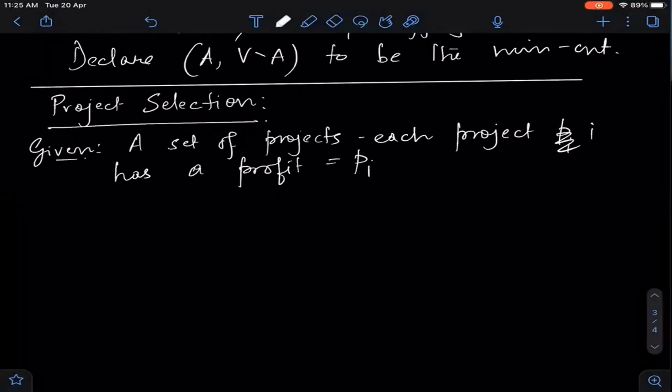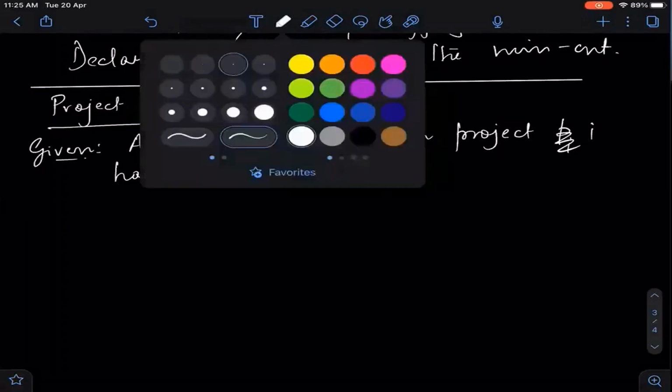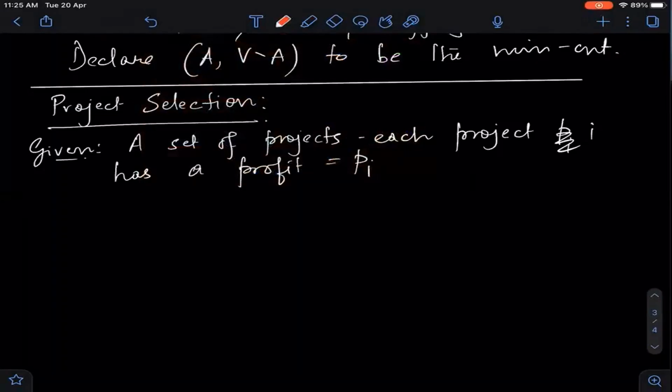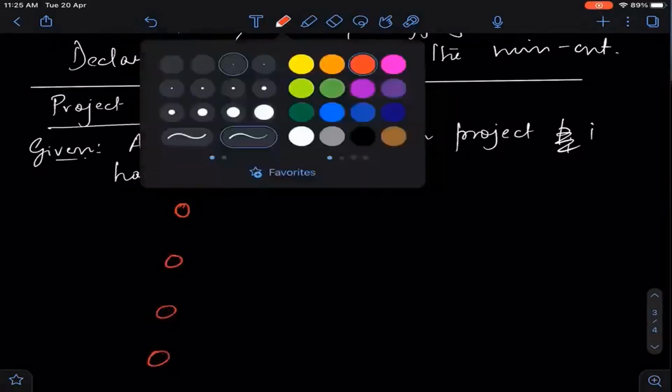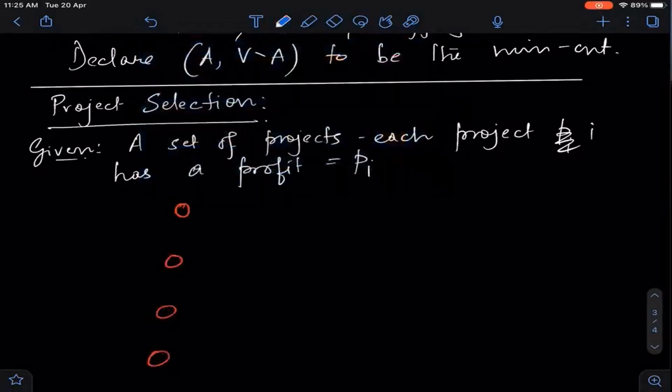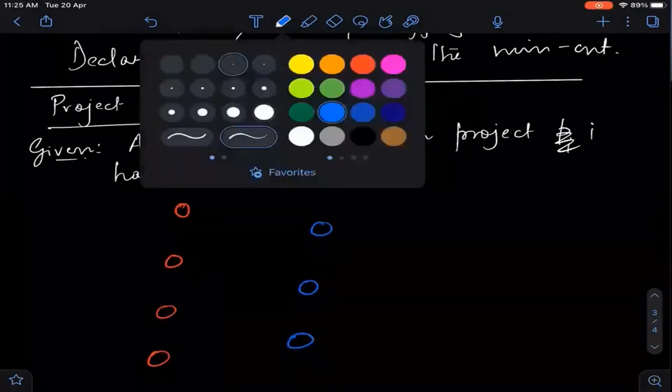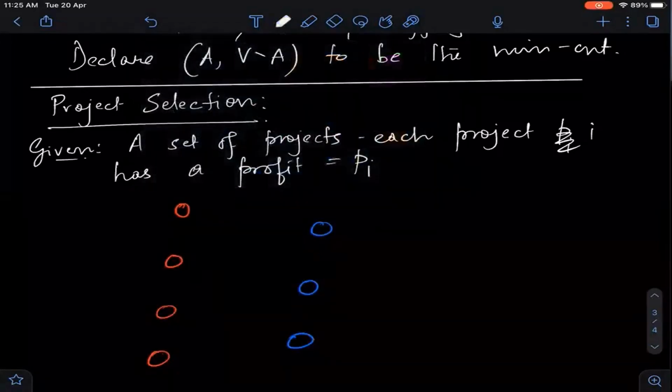And this is all represented using a directed graph. Okay, so suppose this is your graph. Let me draw the graph. I need some time to draw the graph.